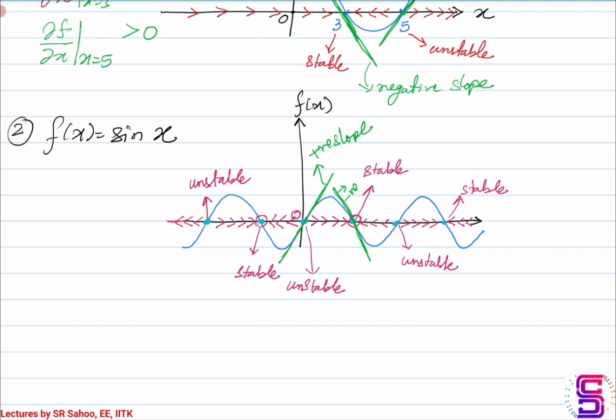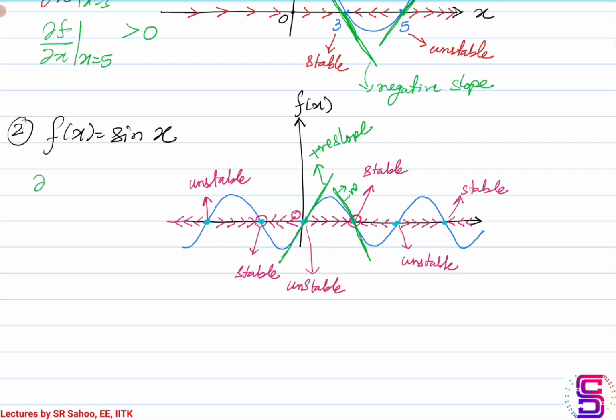So what you observe is the equilibrium points which are unstable are associated with the positive value of del f by del x, and the equilibrium points which are stable are associated with the negative value of del f by del x. Of course, we are evaluating del f by del x at the equilibrium point under consideration.